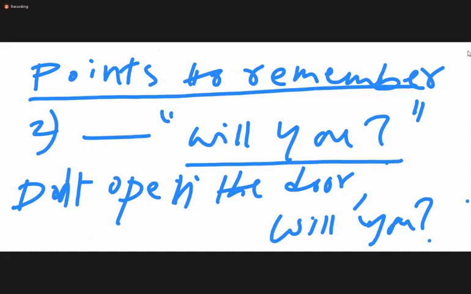That is also acceptable, but the most used expression is will you only. That is also accepted, no problem, but remember will you. Right. That's the second important point you have to remember in case of question tags.